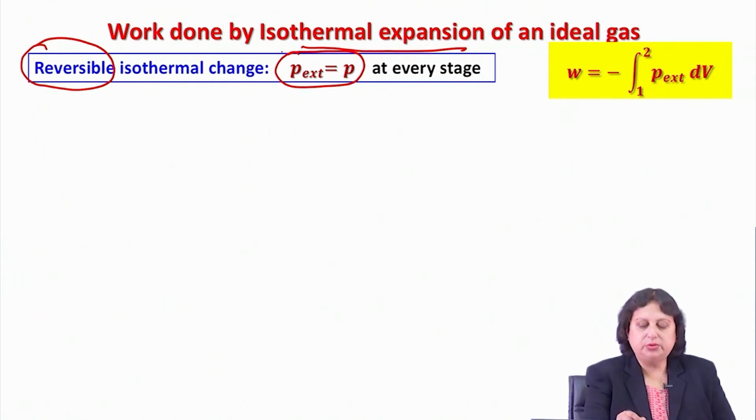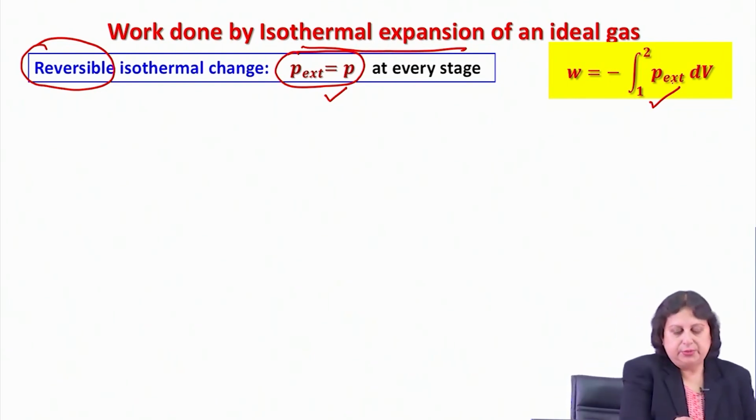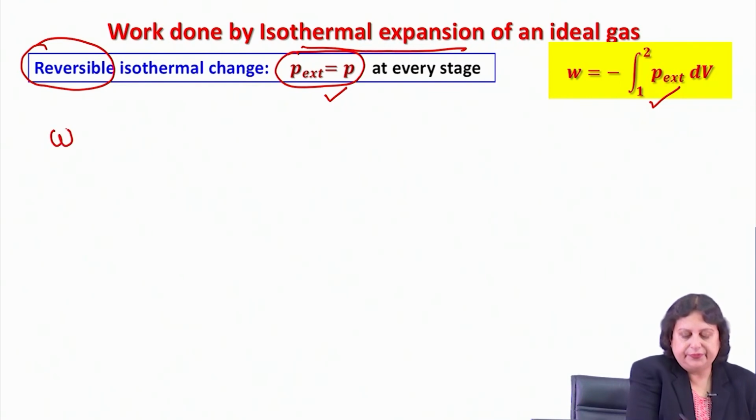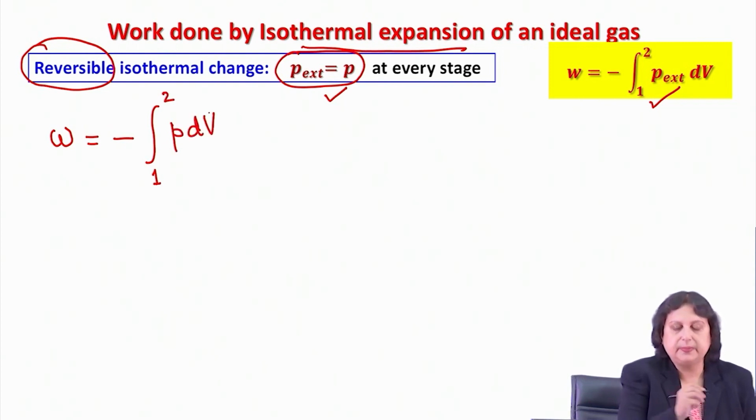And now I'm going to use this in combination with the definition of work to find out the result. So I'm going to write that W is equal to minus integral 1 to 2 P dV.